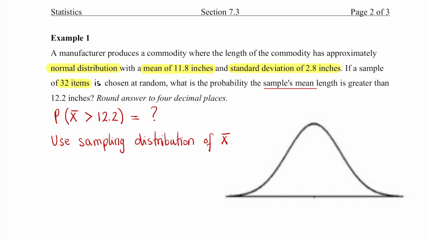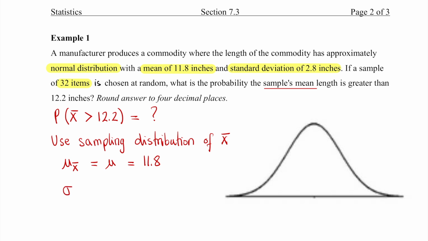The problem also tells us the population is approximately normal, so the sampling distribution of the sample mean is also approximately normal. Next, let's find the mean and standard error of the sampling distribution. Mu of X bar equals mu, and mu is 11.8, so mu of X bar is also 11.8.